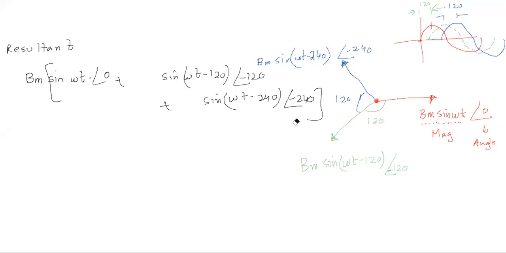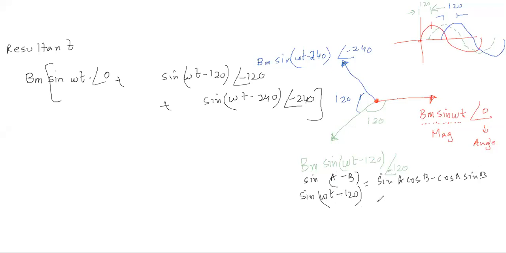So let's do it on the bottom here. If we have sine omega t minus 120, we want to expand it using the sine A minus B formula. You already know that the sine A minus B formula says sine A cos B minus cos A sine B. So we apply this formula here.